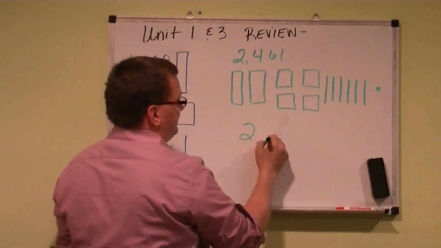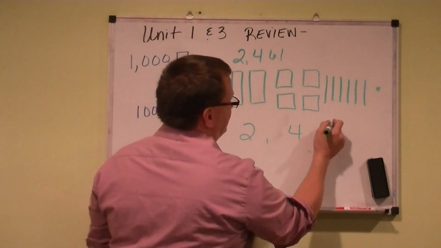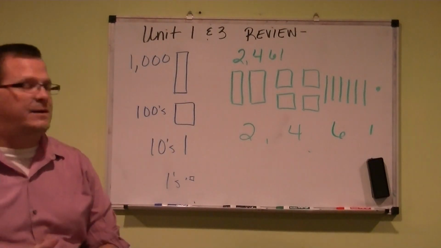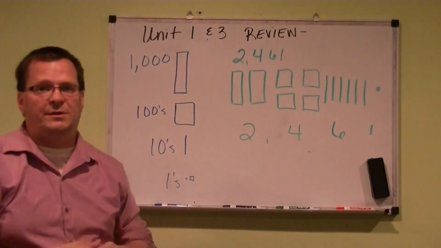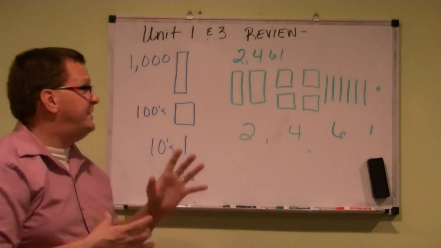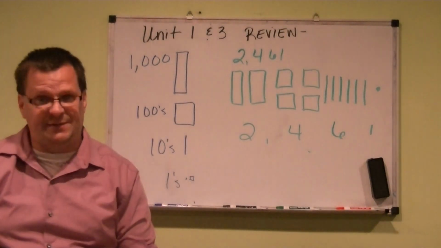So it's 2,400. Oops. 61. Parents, I challenge you to put some numbers up on the board or on a sheet of paper. Give your kids a try. Just see if they can show the proof. There are a few questions on the test, so I want to make sure we understand that.